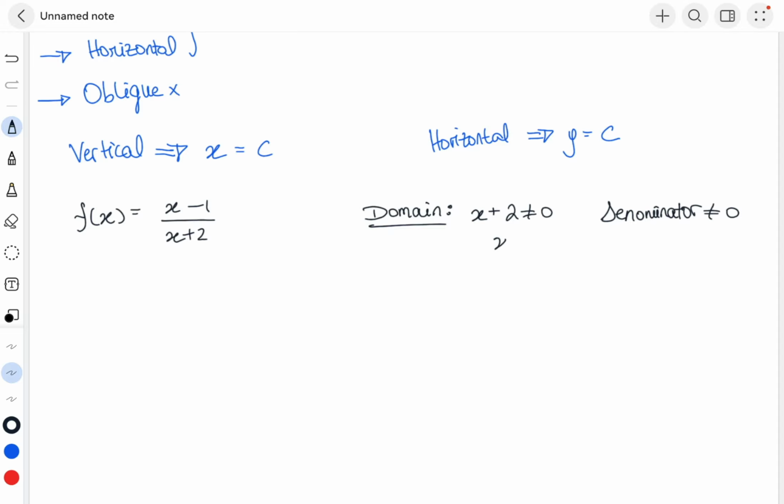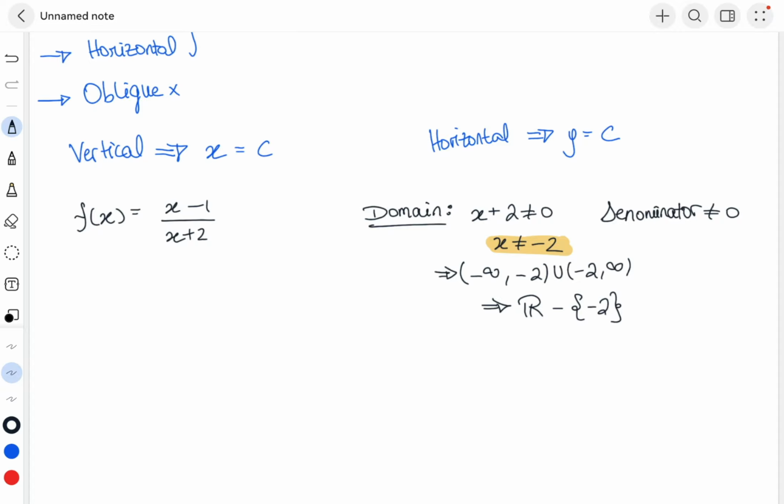So x cannot be negative 2. This is our condition, which means our domain will be from negative infinity to negative 2 excluded, union negative 2 to infinity. Or you can write it as the set of R minus negative 2. This is our domain.